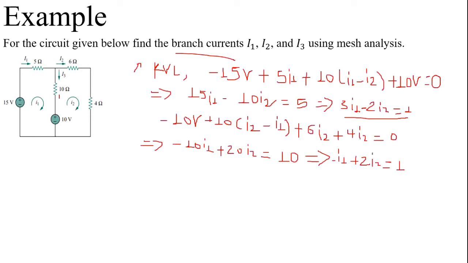Substitution, yes. So if we take the summation of these two equations both sides, we can have what? Minus 3 I1 plus minus I1. So we can have what? 2 I1 plus minus 2 I1, that's 0, and 1 plus 1, which is what? 2.